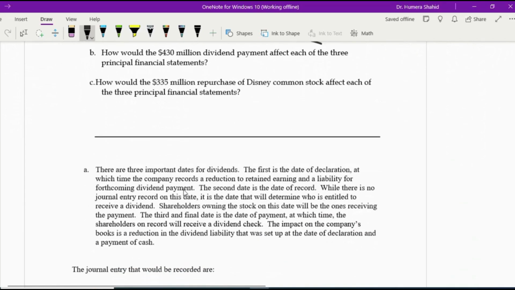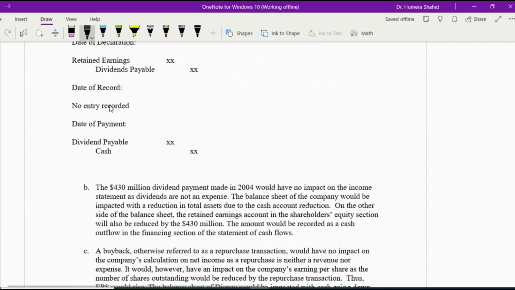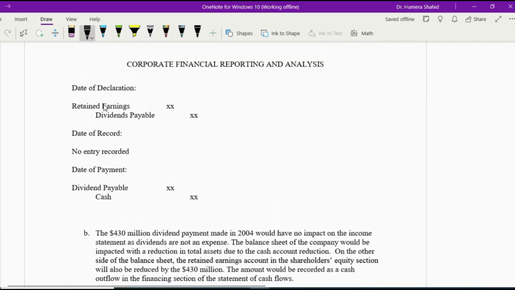So let's do this. The 3 dates are over here. On the first date, which is the declaration date, the company will decrease the retained earnings because dividend is paid out of the retained earnings, and at the same time the dividend becomes a liability.